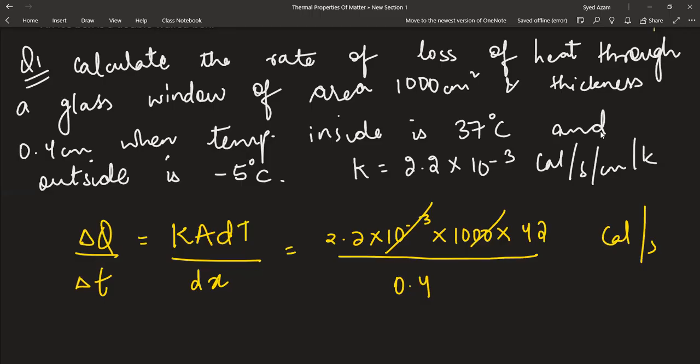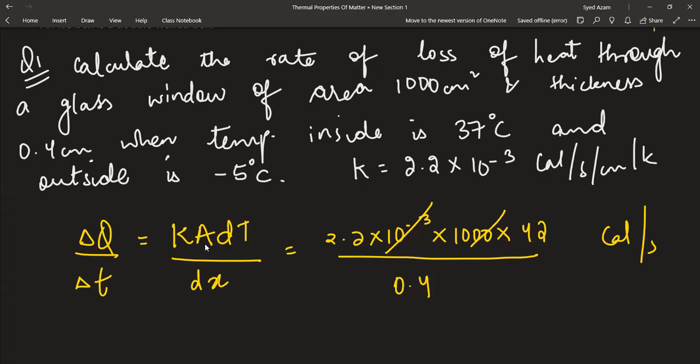Am I clear, Aleena? Yes, ma'am. Formula you have understood. What is this formula? What is K? K is constant, the coefficient of thermal conductivity.